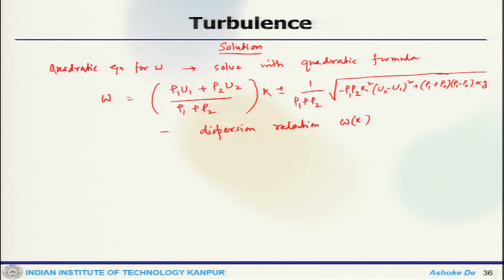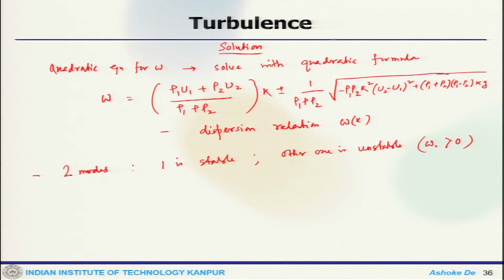Now, it's a quadratic solution, so there could be two modes. Obviously, one is a stable mode and the other one is unstable, where the imaginary part is greater than 0.